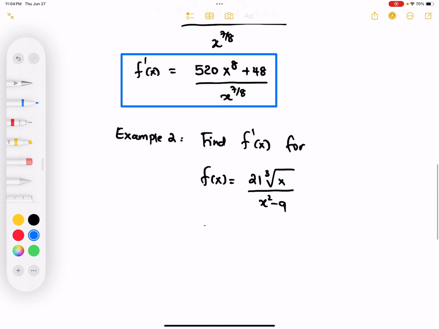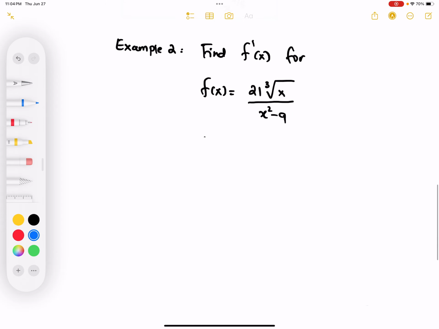Now let's see the second one. Find f prime of x for f of x equals 21 times the cube root of x divided by x squared minus 9. Now this one can also be solved using the quotient rule. Remember, the top function is 21x^(1/3).